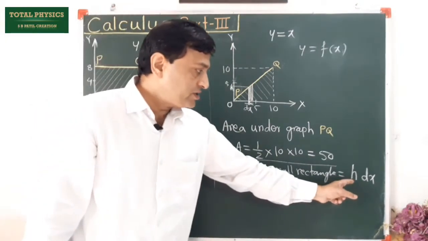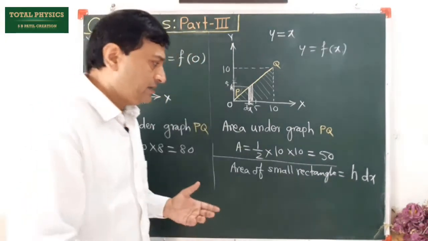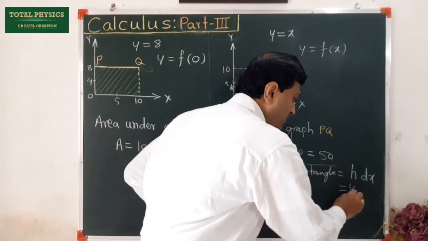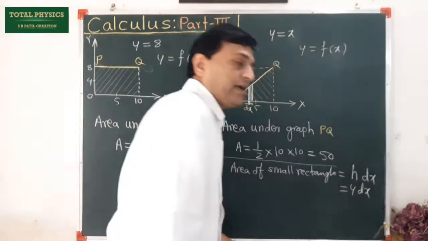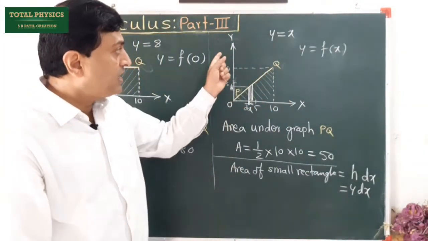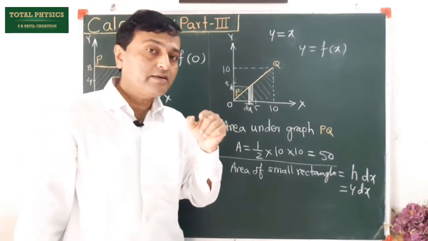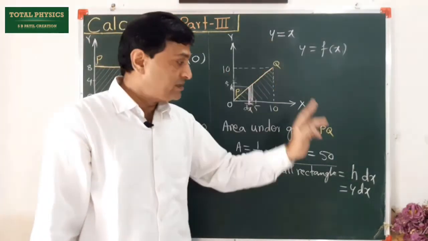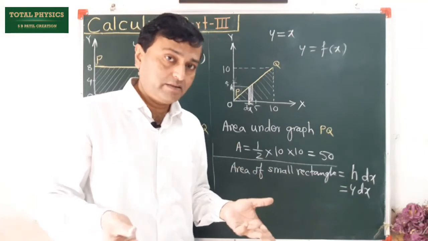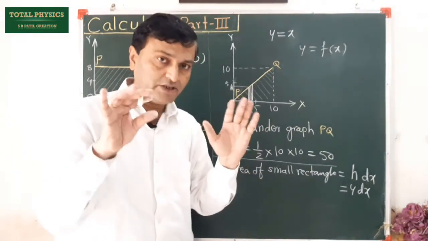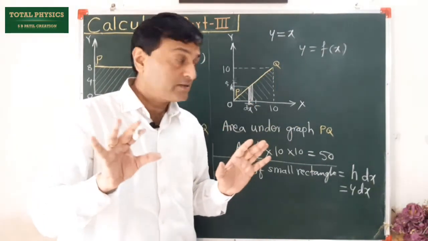Now this h, or you can say y, anything, because we want only the area of the small rectangle, but we have taken y as dependent, means this h or y is dependent. Symbol you can take y or h, it makes no difference.